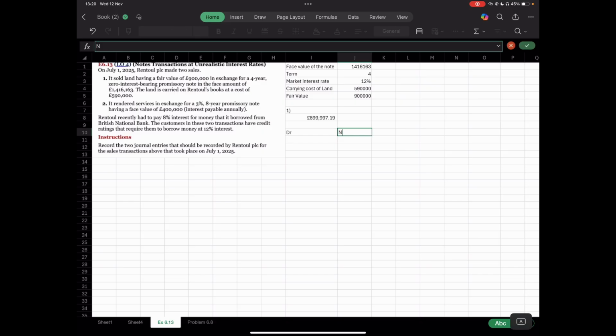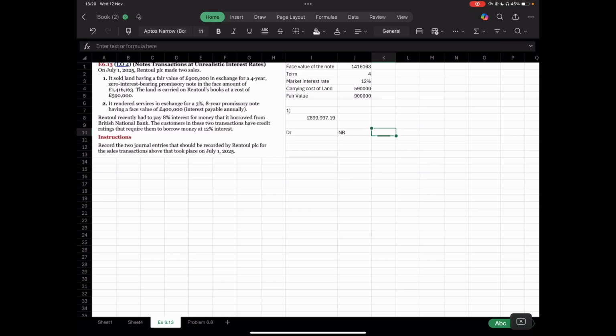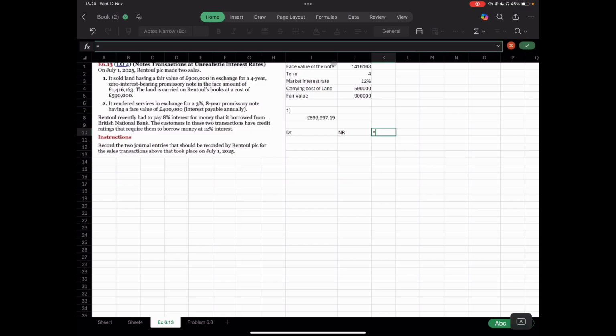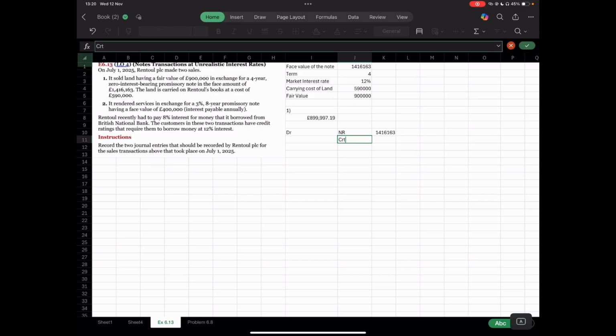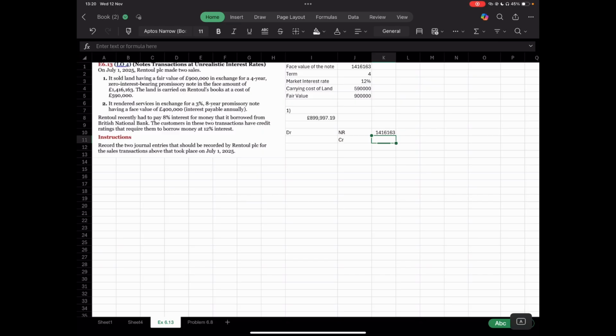So we're writing here in the journal entry: debit notes receivable. Notes receivable equals 1,416,263. Here we write credit the discount on notes receivable, and we find the discount by subtracting face value from the present value.